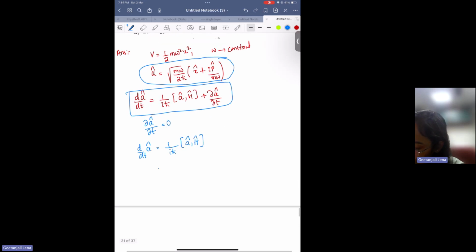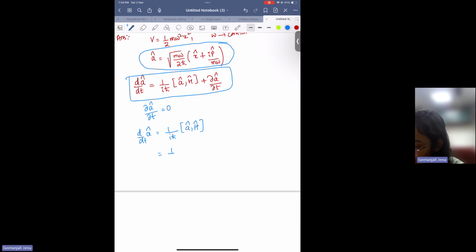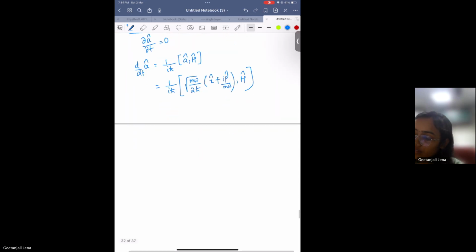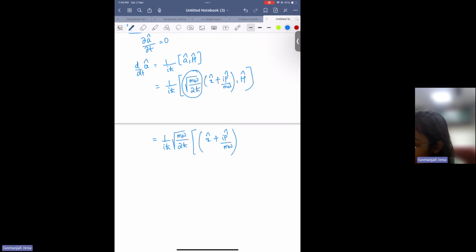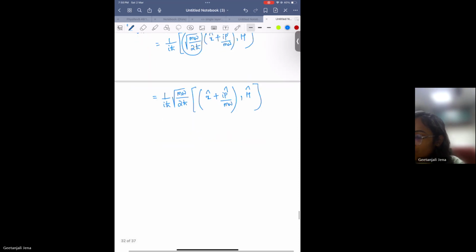Now this is all about finding out the commutation relation of A with H. So let's put in the individual expressions: the square root of mω by 2ħ times (x plus ip by mω) with H. This is a constant, so you can take it out of the bracket. So what is H here?